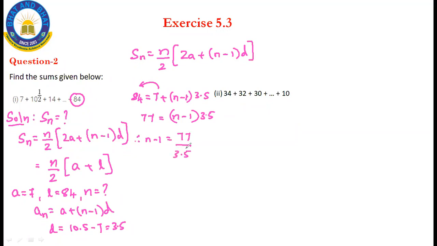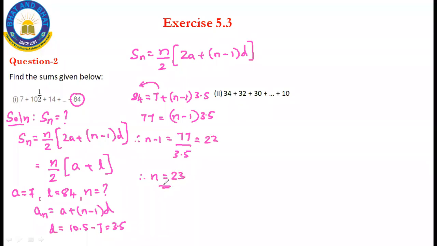How much is 77 divided by 3.5? Anyone? Quick. Who can do quick division? Yes, correct. It comes down to 22. Therefore, n is equal to 1 plus 22, so 23.